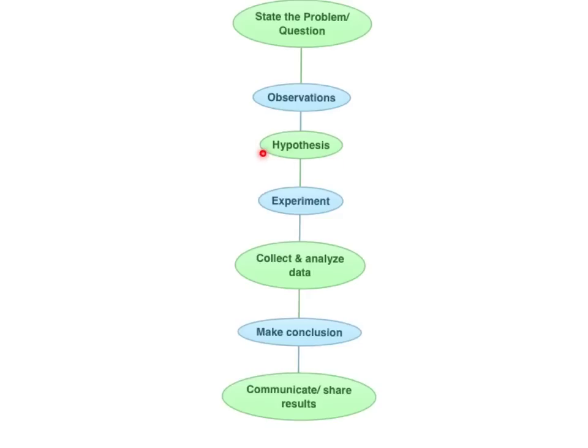Once you have your hypothesis, you test it by doing an experiment. This is the stage where we think about the variables, what we are going to test, what we are going to measure, and how we are going to control our experiment.